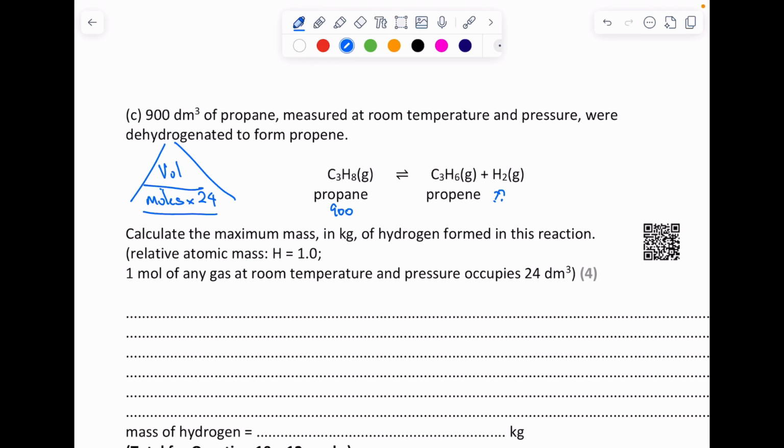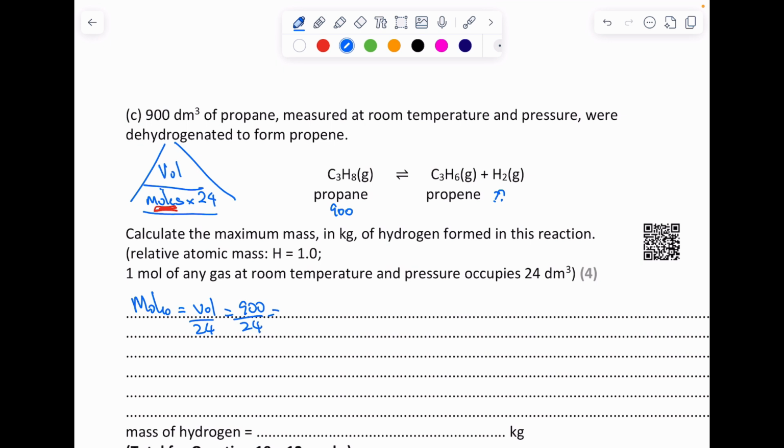Okay, in this question, we are going to try and work out the mass of hydrogen that's going to be produced. We're told there's 900 grams of propene. So what I'm going to do first is convert that to moles. If I want to work out the moles, it's going to be the mass divided by 24. So the moles of the propene is 900 divided by 24.